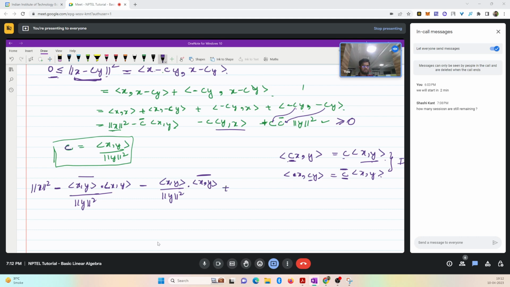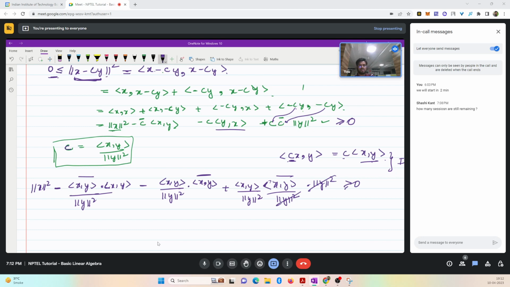And in the last, we have x comma y over y square, and this is your x comma y conjugate divided by y square, into y square. This is greater than or equal to 0. एक कैंसिल हो गया, ठीक है.